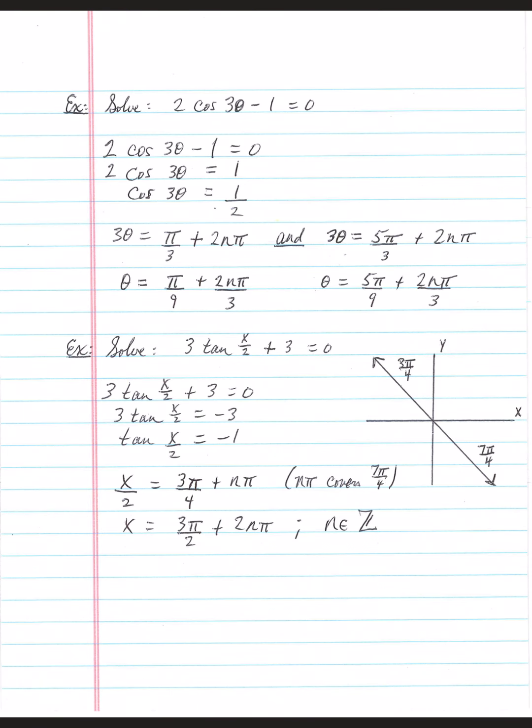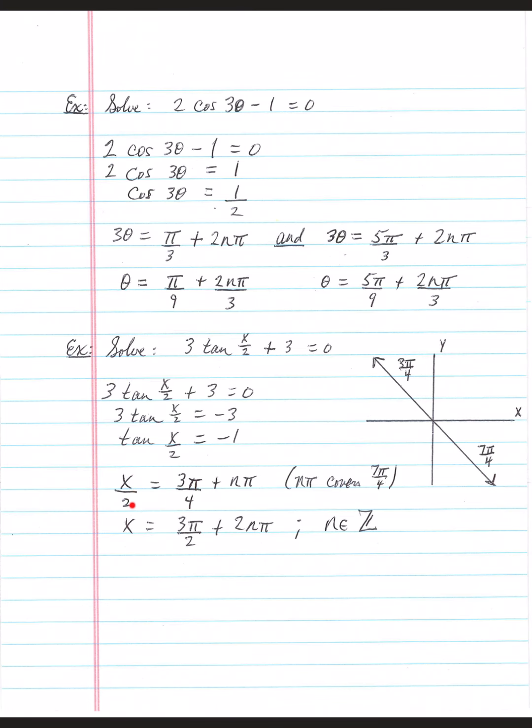In other words, n pi covers that angle. That's one good thing about tangent, you don't have to do each one separately plus a 2n pi. Tangent only has a period of pi, so if you can locate one pi radians around, you're going to get to the other.